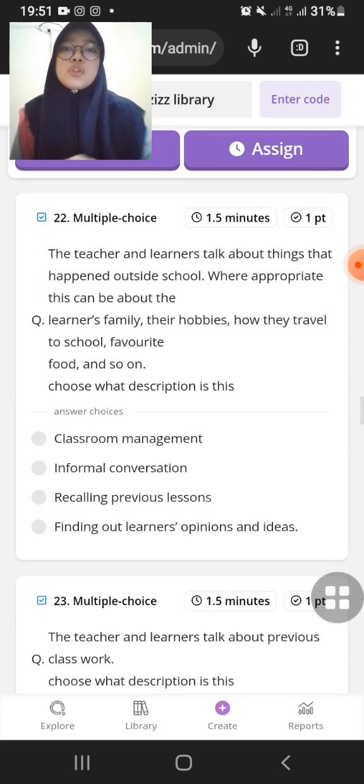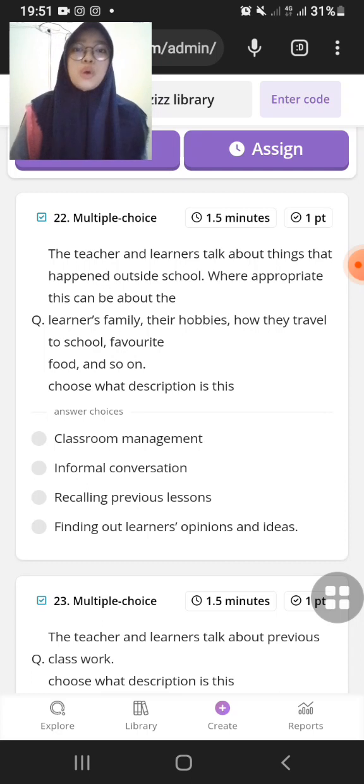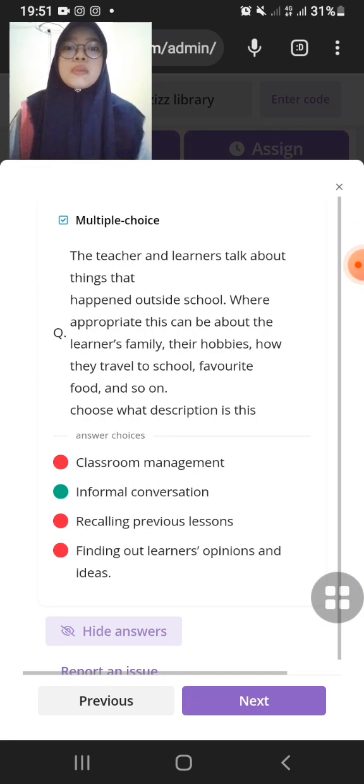Question number 22. The teacher and learners talk about things that happen outside school. Where appropriate, this can be about the learner's family, their hobbies, how they travel to school, favorite food, and so on. Choose what description this is. The answer is informal conversation.